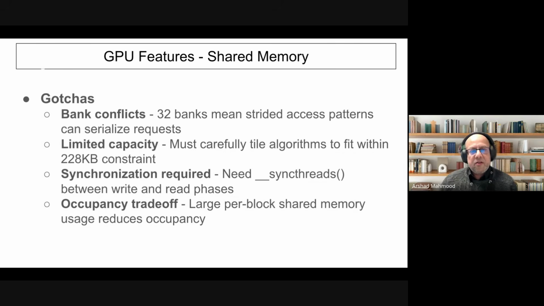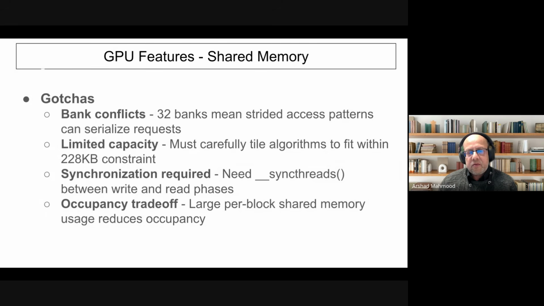Now, there are some gotchas with shared memory. It would be nice if we could say that there is 256 kilobytes of shared memory and it's just available for you to use. The issue is that most memory, not just shared memory, is broken down into what are called banks.